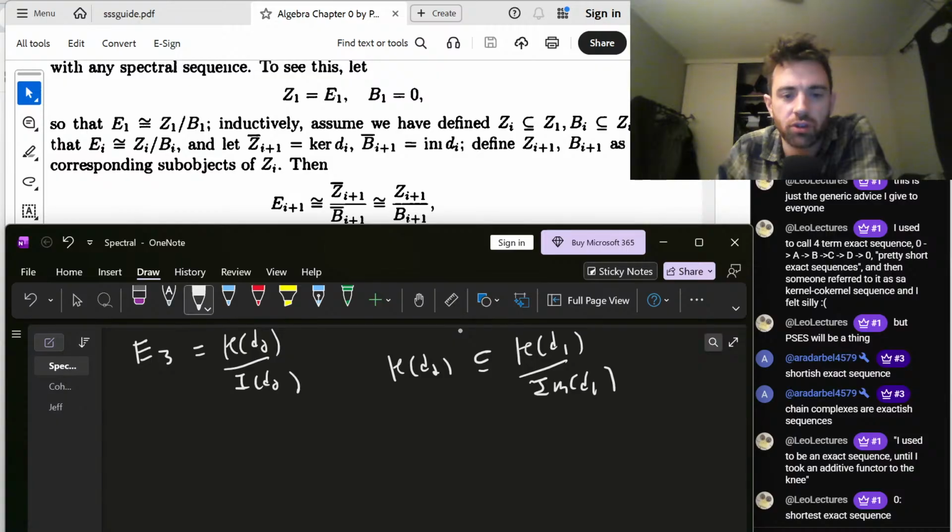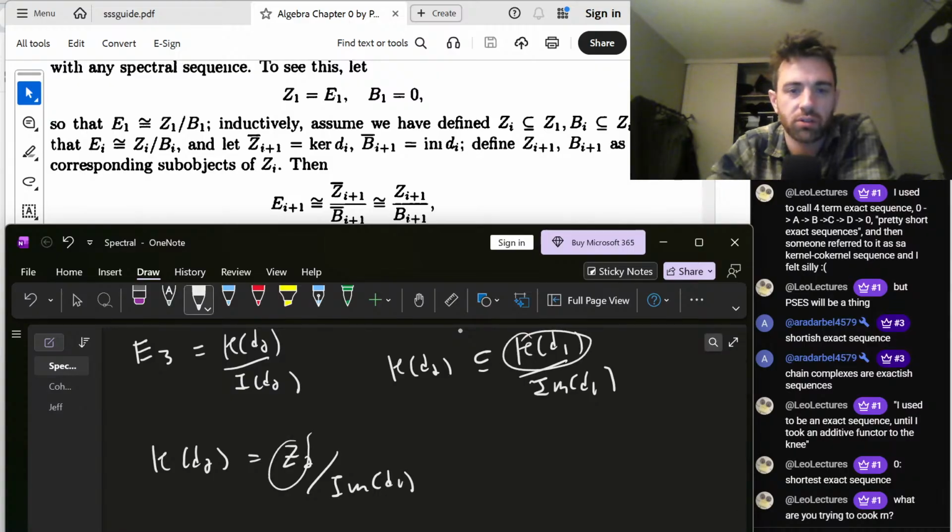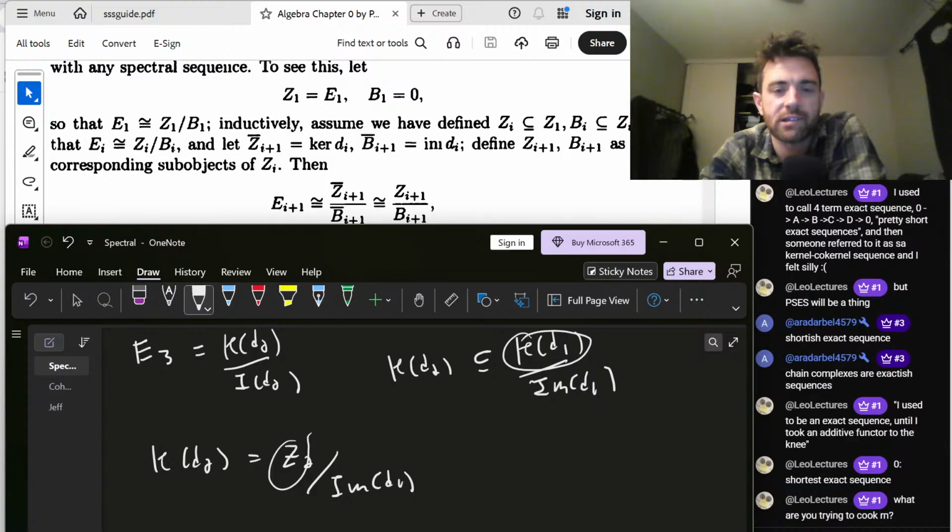Right, there exists some lift of this. I can write the kernel of this as this, where Z3 is a subobject of here. Right, I see.